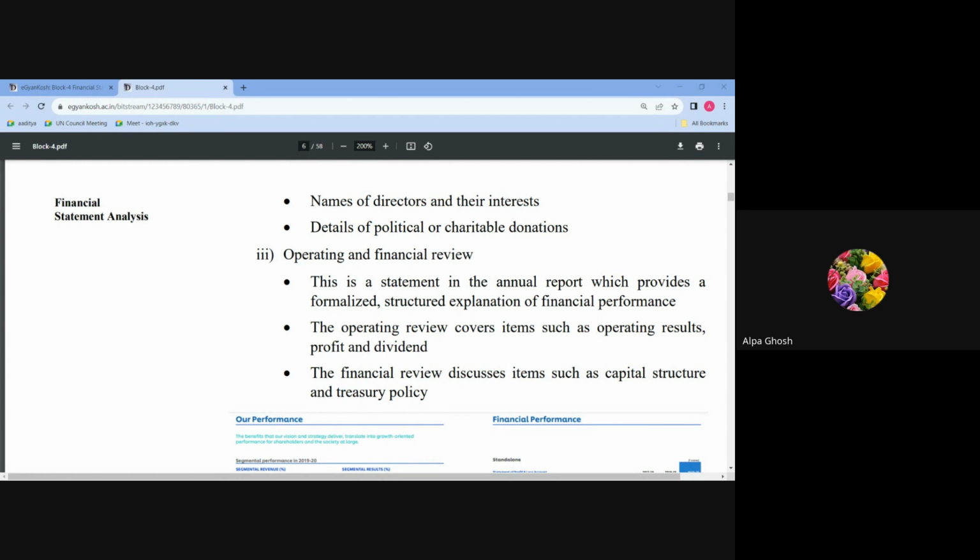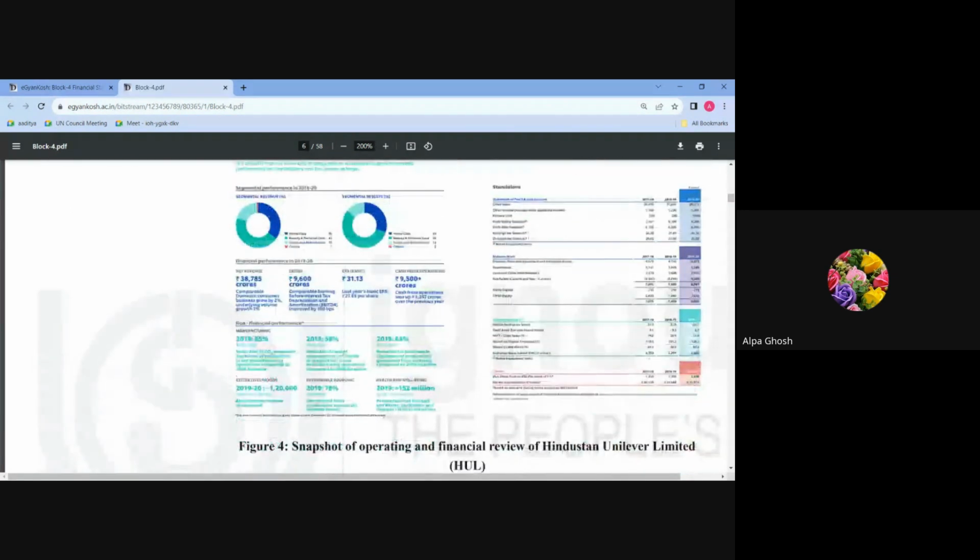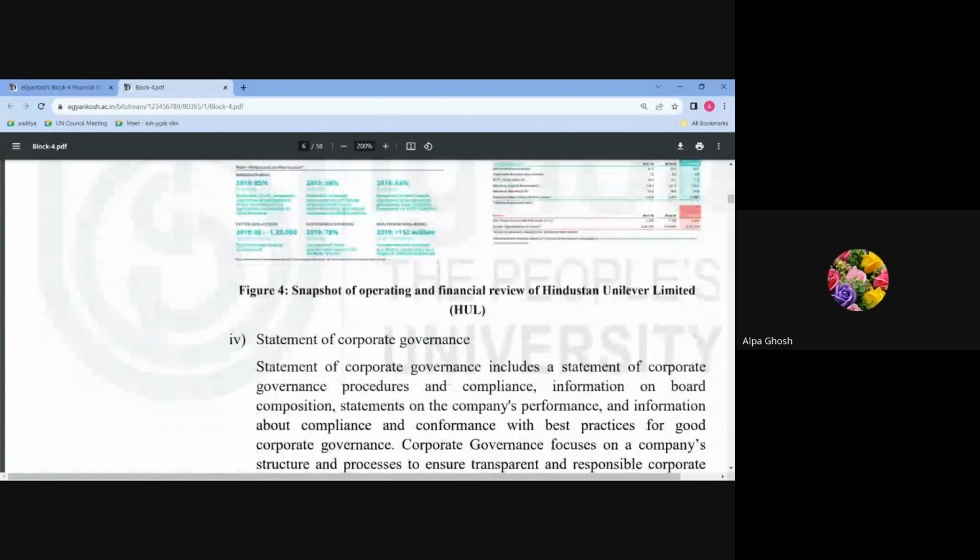They also give a detailed explanation of the capital structure of the company: the share of their stock, the securities issued, and how much loan the company has taken from the market.